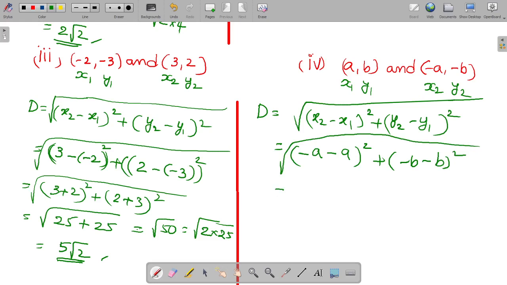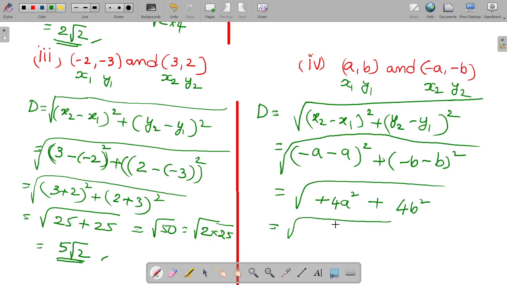Under root, square root of minus a minus 2a, minus 2a whole square means minus 2a into minus 2a is 4a square, plus minus b minus 2b, minus 2b whole square means 4b square.